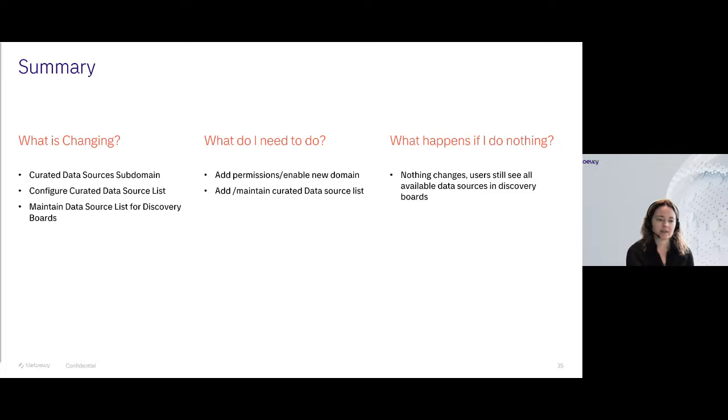And summary, these 3 items coming, and the only thing you need to do is check the new domain for the permissions, and then add the created data list if you want users to have that available on discovery boards. But if you don't, then they just have it as before.